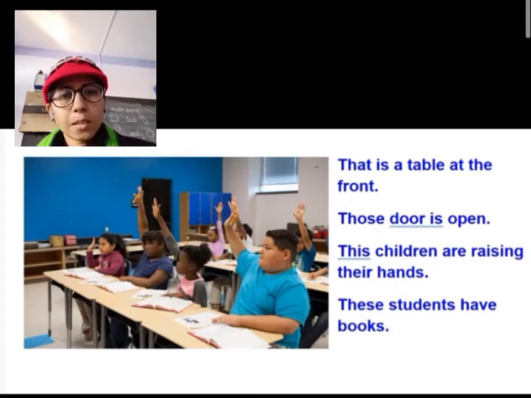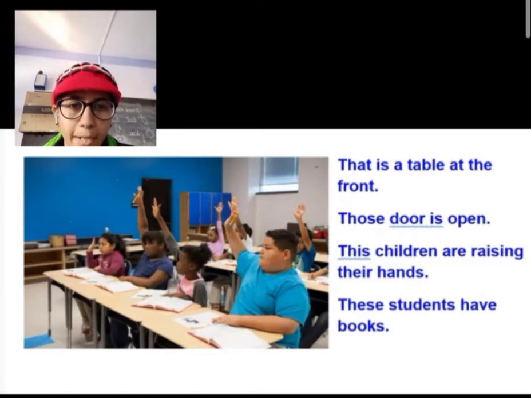In this sentence, as we are seeing that the table is very near to us and in front of us, we have to use this in the place of that, because that is used for the things which are far from us.